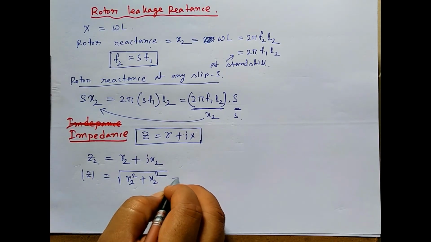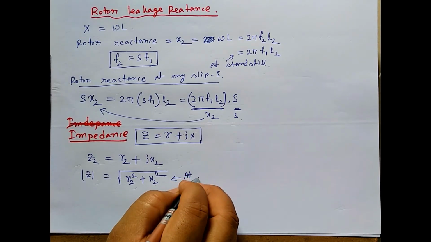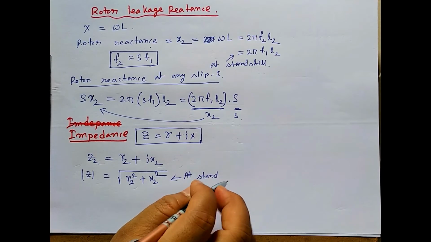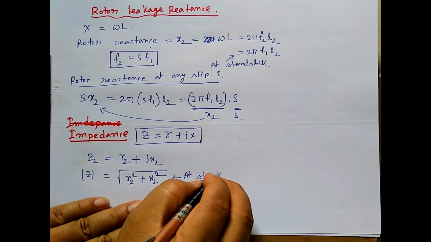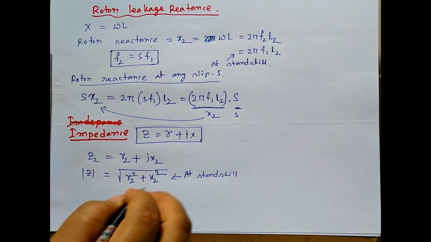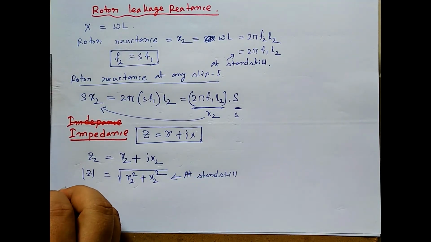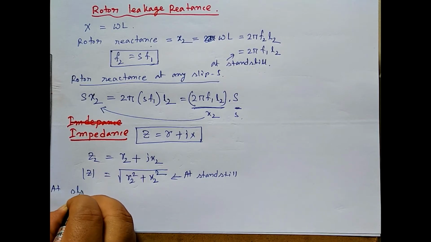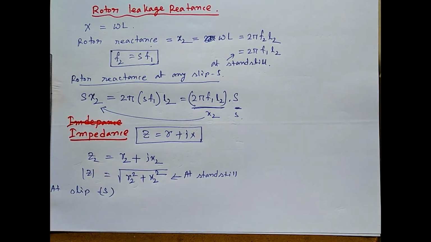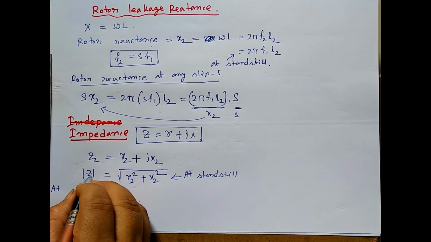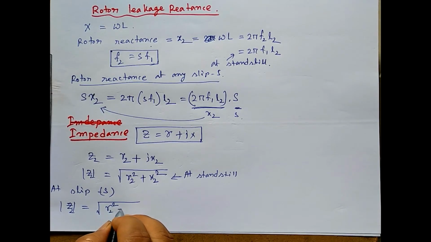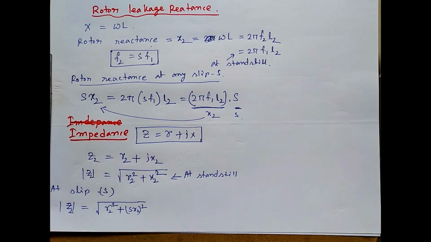This is the impedance at standstill condition. But at slip s, the rotor impedance will be root over R2 square plus sX2 whole square.